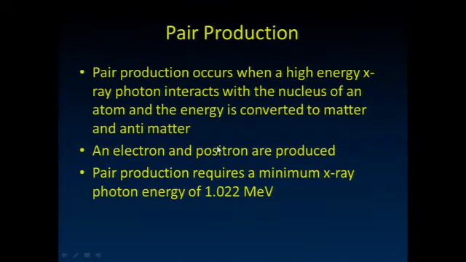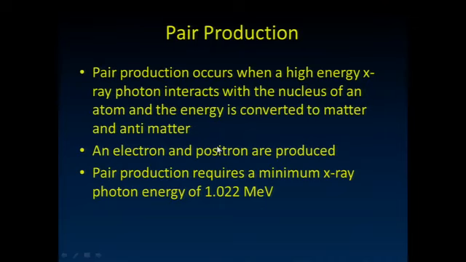Another thing that can happen when you have an energetic X-ray or gamma ray photon is that it can interact with the nucleus and produce a pair, ejecting an electron and a positron from the nucleus of the atom. This is pair production. It should make sense that in order to have that occur, you've got to have an X-ray or gamma ray that's at least 2 times 511 keV, which is 1.022 MeV.